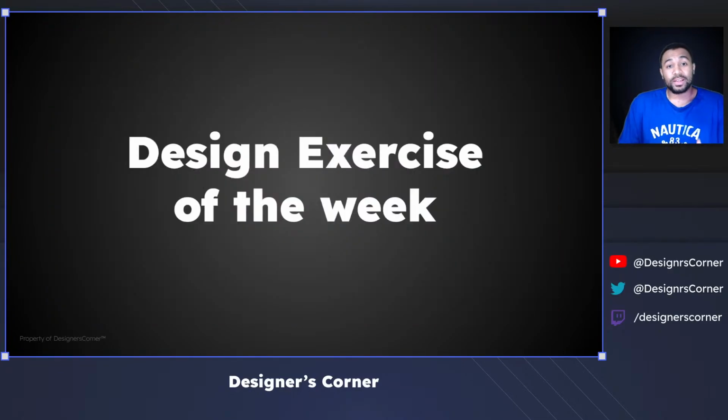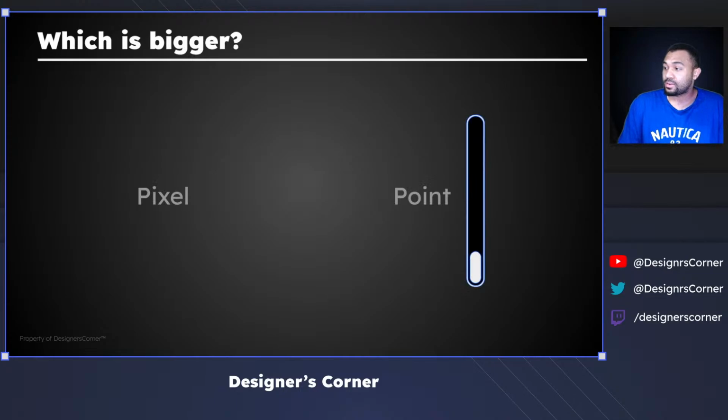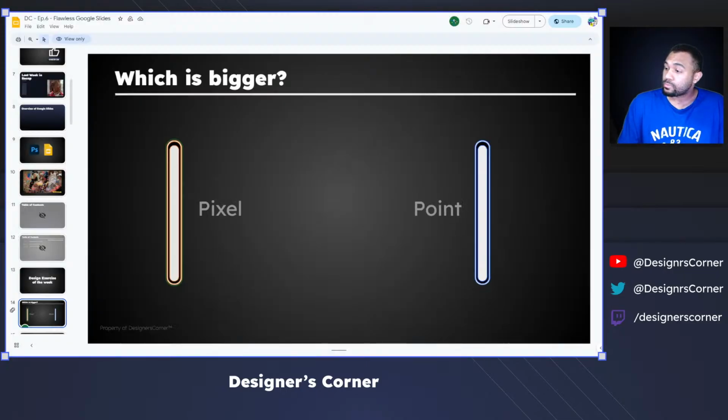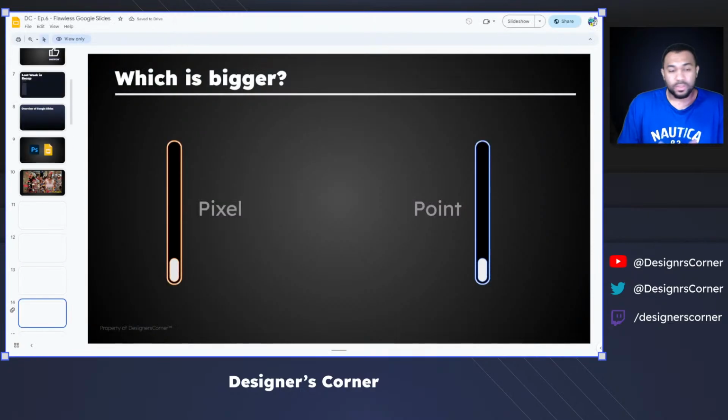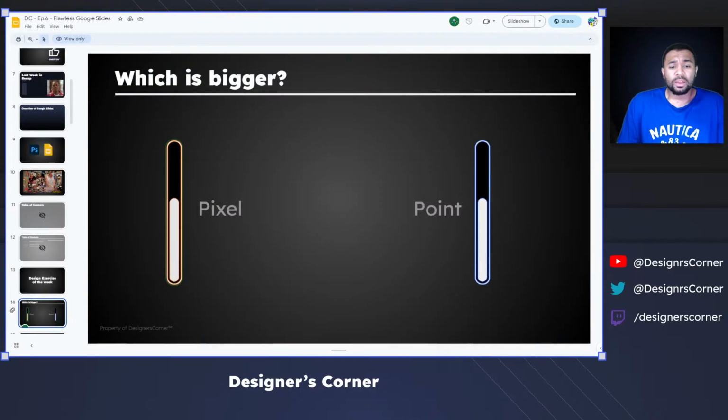So, design exercise of the week. Question, thought occurred to me. Oh, where did it go? Why is it not showing up? Let me refresh this, see if it shows up. Okay, there we go. For some reason it wasn't showing up. So, which one is bigger, a pixel or a point? That's the question. Which is bigger, a pixel or a point?